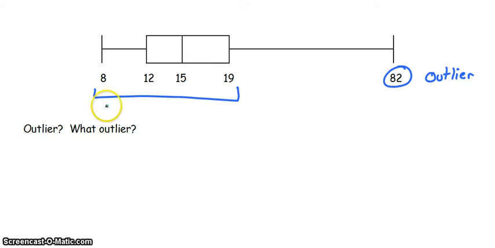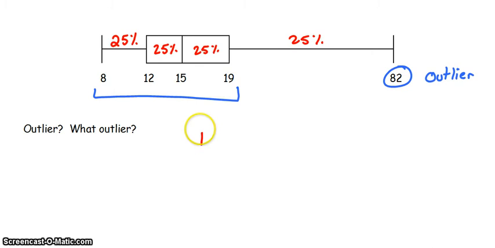It doesn't change the fact that this still represents about 25% of the data. This represents about 25% of the data, 25%, and 25%. Even though this line looks a lot longer, it's just because of how far spread apart 19 and 82 are compared to 15 and 19.